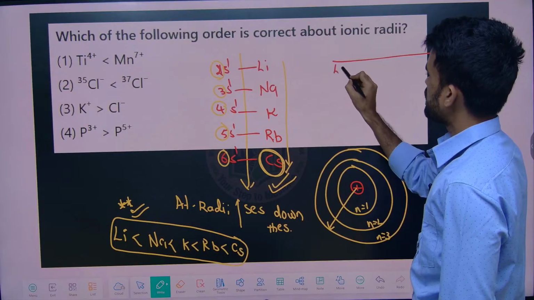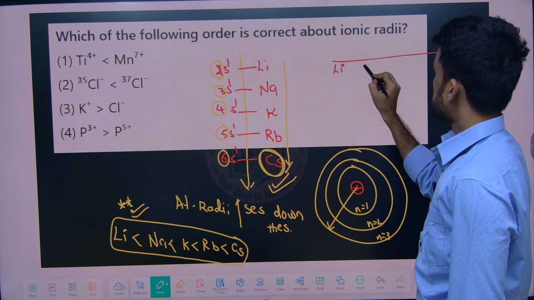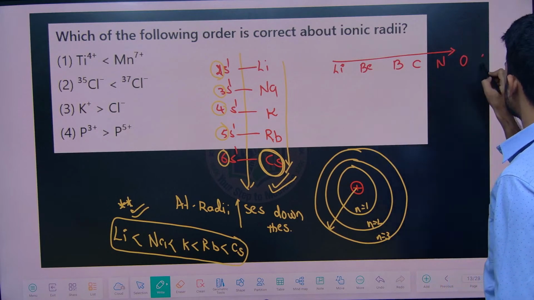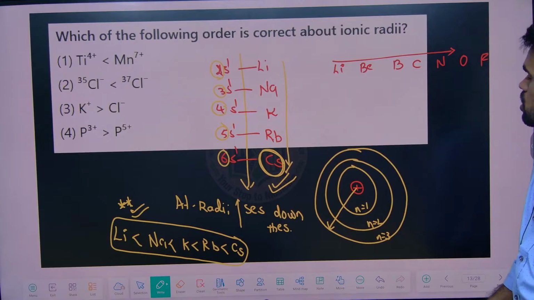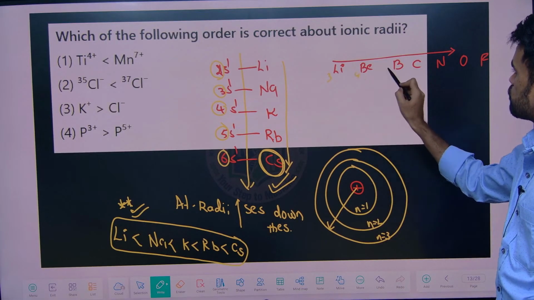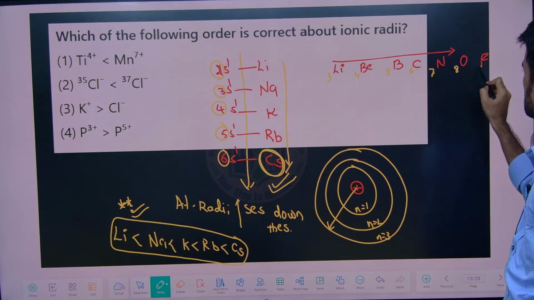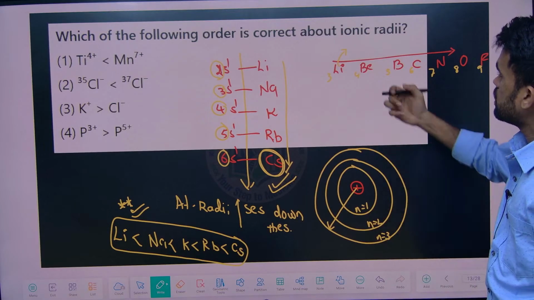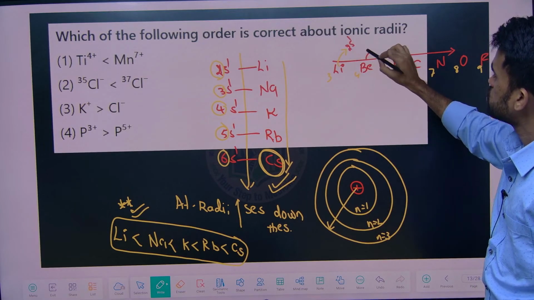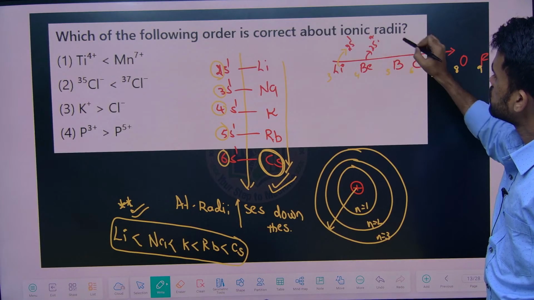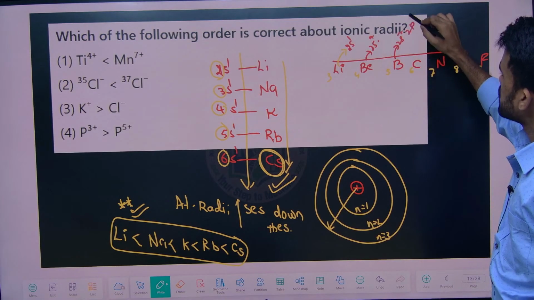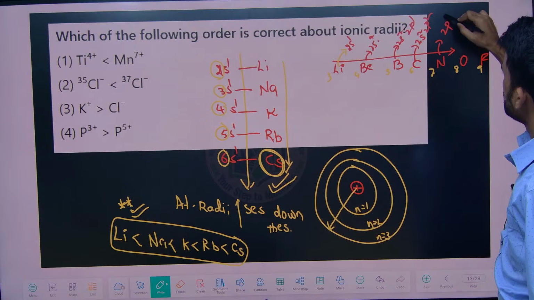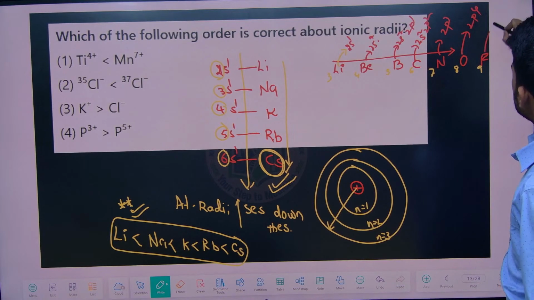Now if you take the second period elements: lithium, beryllium, boron, carbon, nitrogen, oxygen, fluorine, with atomic numbers 3, 4, 5, 6, 7, 8, 9. The electronic configurations are 2s1, 2s2, 2s2 2p1, 2s2 2p2, 2s2 2p3, 2s2 2p4, 2s2 2p5.